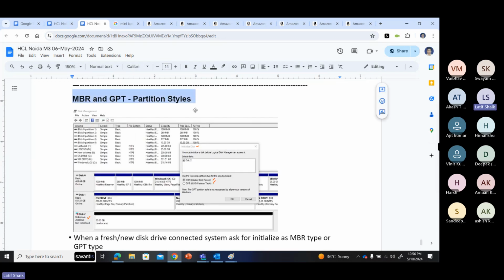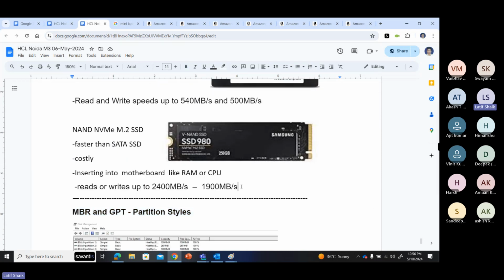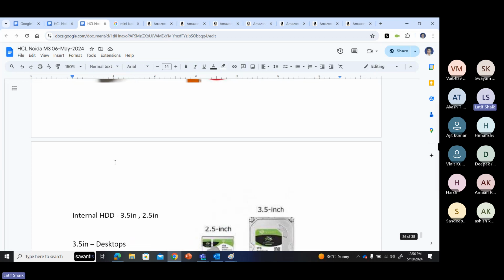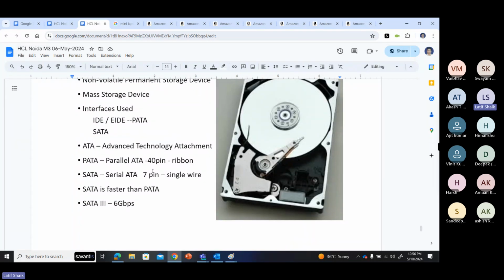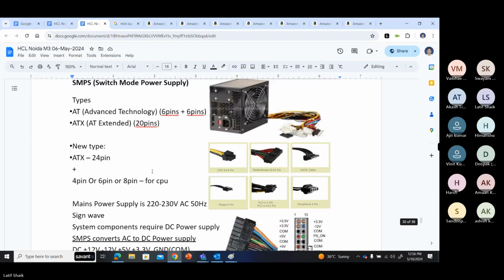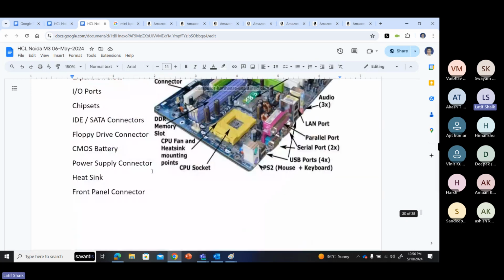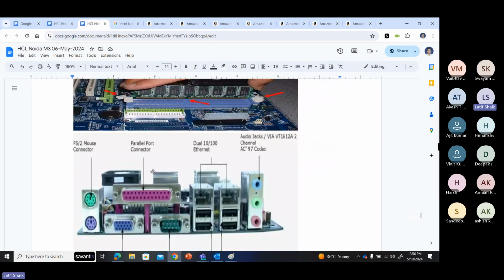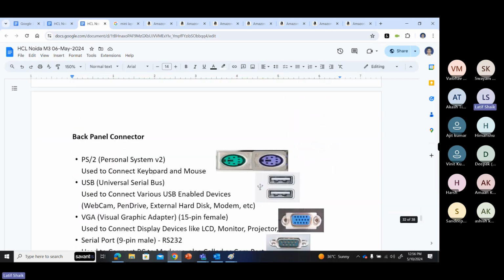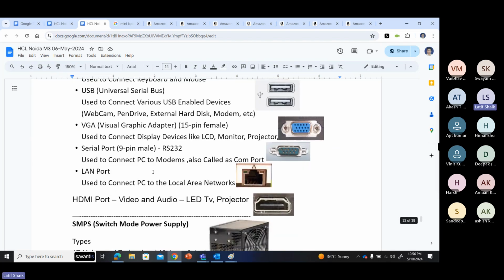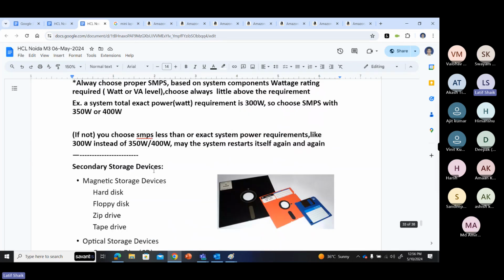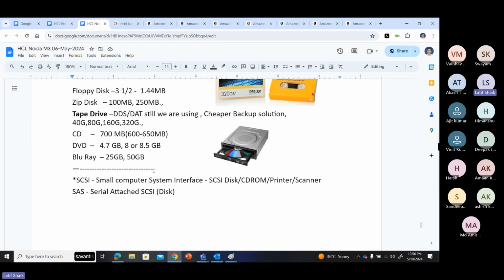I will tell these partition styles separately, because till now we discussed hardware components: the CPU, the CPU fan, the heat sink, and then the RAM, ROM, BIOS batteries, motherboards, motherboard connectors, SMPS, and different storage devices.